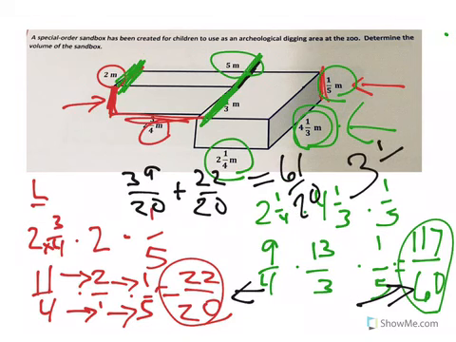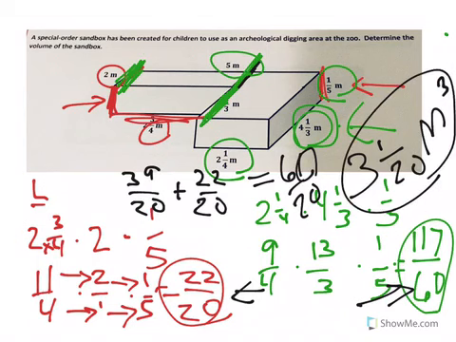There's 1 left over to get from 60 to 61. Denominator stays the same. So we end up with 3 1/20 meters cubed. A lot of steps, go slow, but not a lot of hard math. A lot of steps that you have to keep straight, so there's a lot to it, but not a lot that's super difficult.